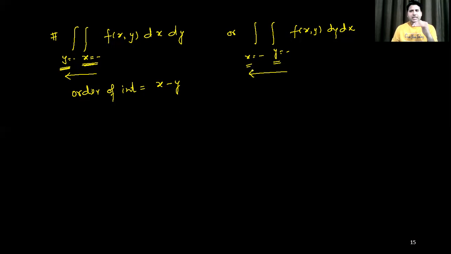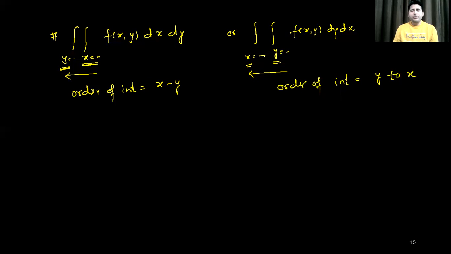It means firstly we should do integration with respect to y, then with respect to x. So in this kind of question, the order of integration will be y to x. There are only two orders in a double integral, either x to y or y to x.